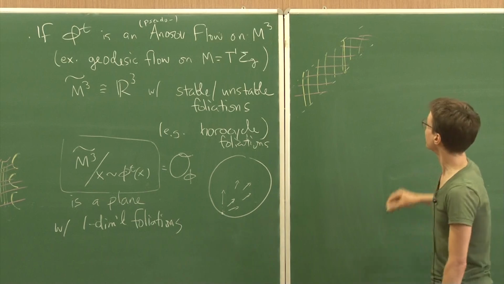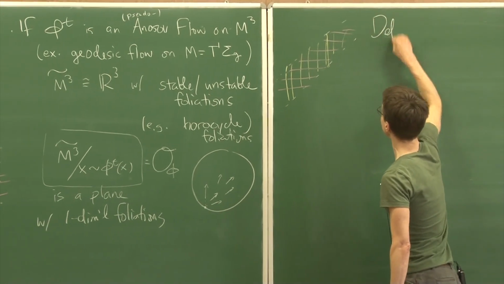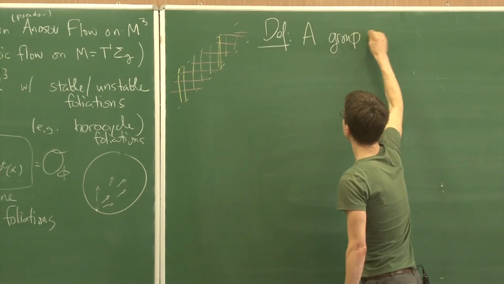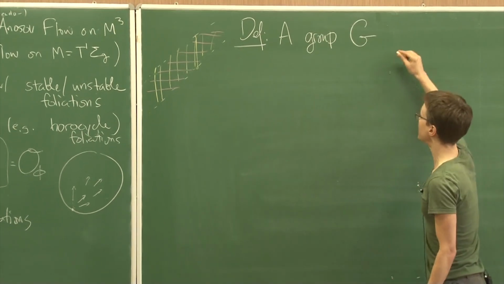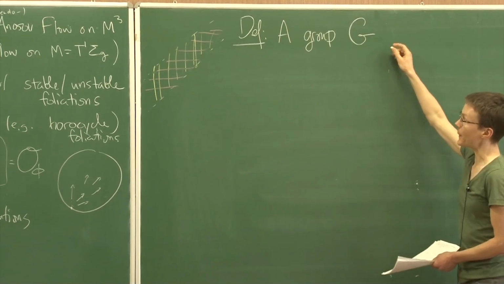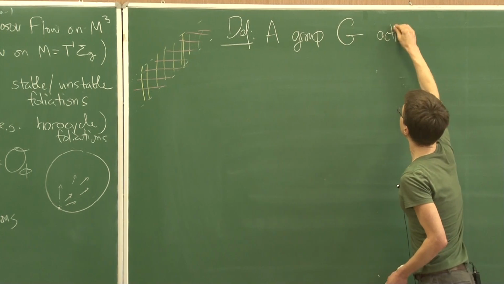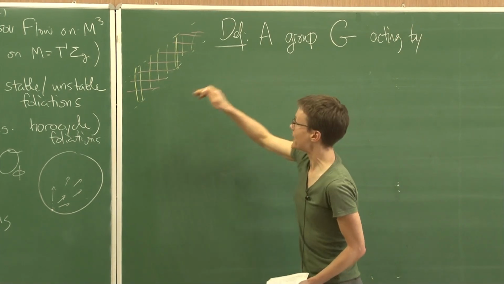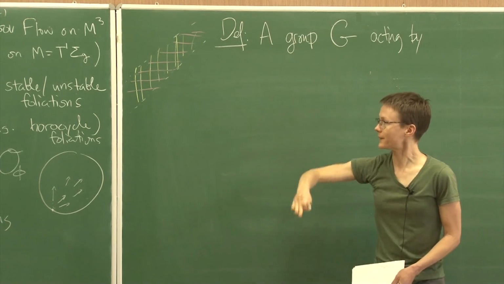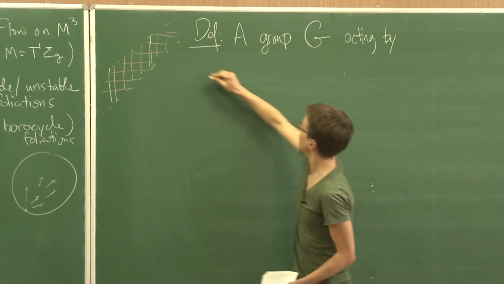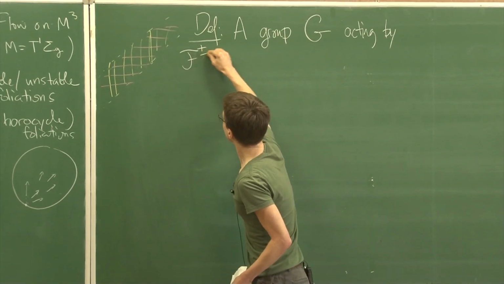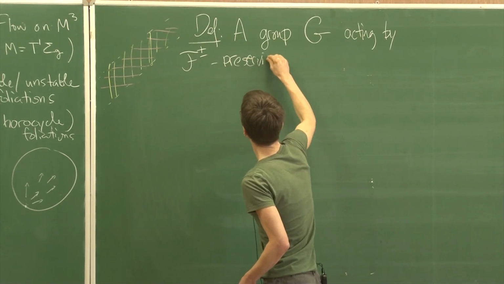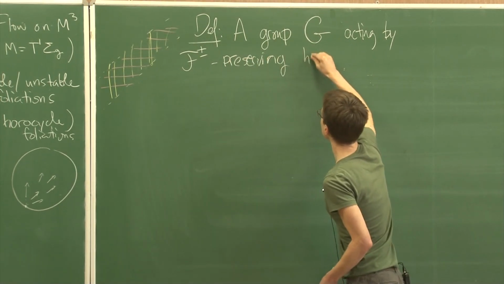Okay, so that's the space. What's the group action? So here's the next definition. A group, just an abstract G, acting on a bifoliated plane. So when I say acting on a bifoliated plane, I want it to preserve each foliation by foliation preserving homeos.